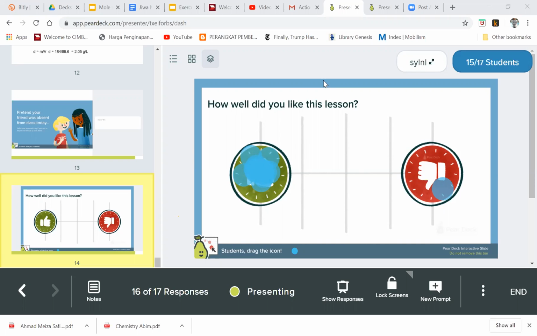Mirza, Rama, Rido, isn't it? Yes. Okay. I'm going to check here. Where are they? Do you know? I don't know, sir. One more student is not here. Mirza, Rama, Rido, and one? Rizky. Oh yes, Rizky. Rizky is also not here.